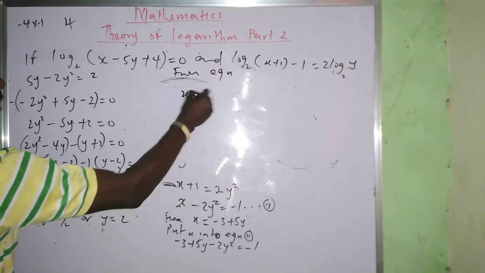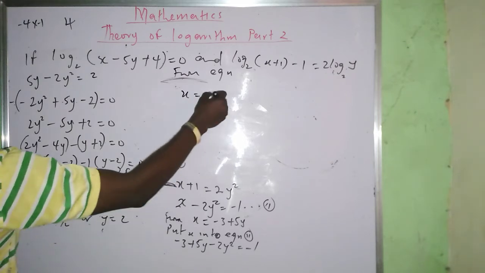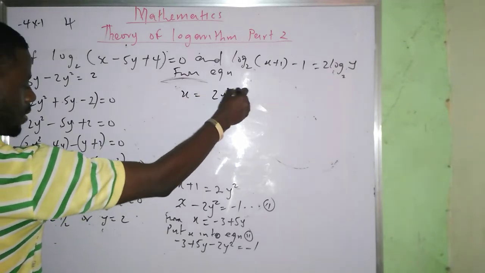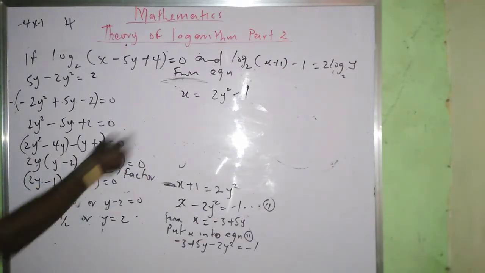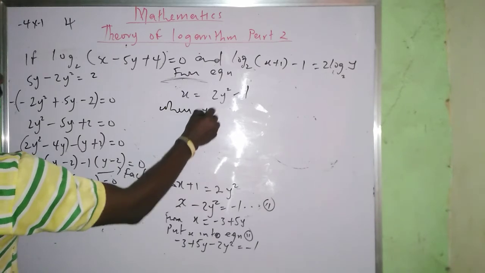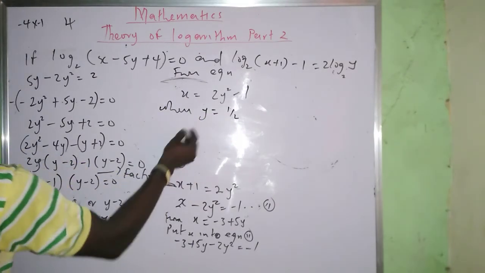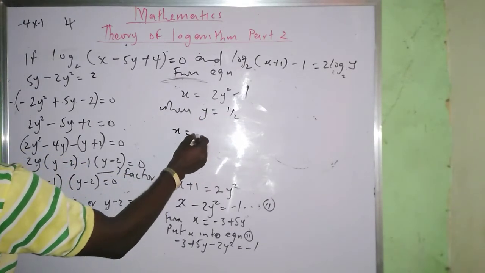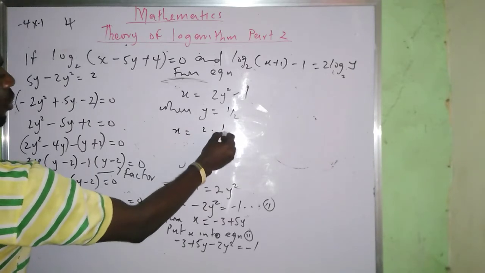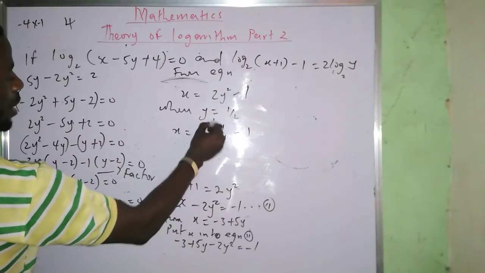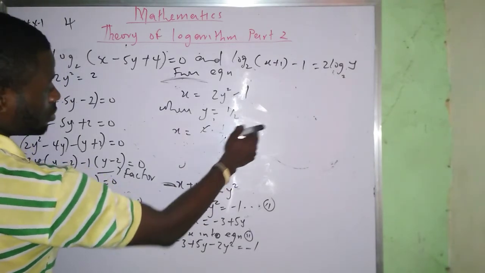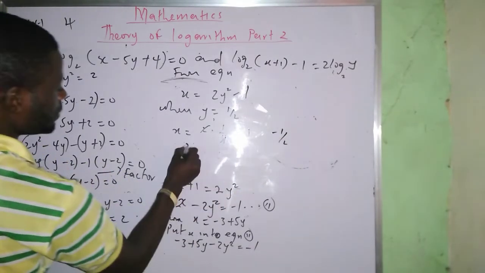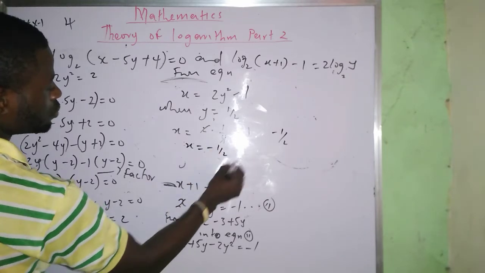My x will be equals to 2y squared minus 1. Since I have that, put y. When y equals 1 all over 2, I'll be having x equals 2 multiplied by 1 all over 4 minus 1, which is here 1, here 2, which is going to be minus 1 all over 2. It means my x equals minus 1 over 2.